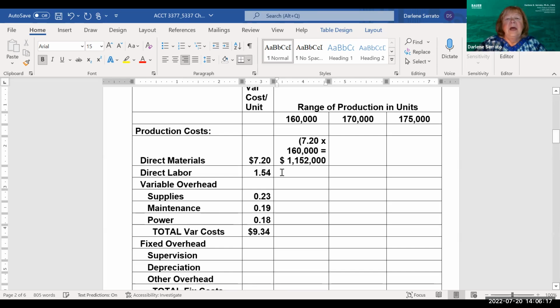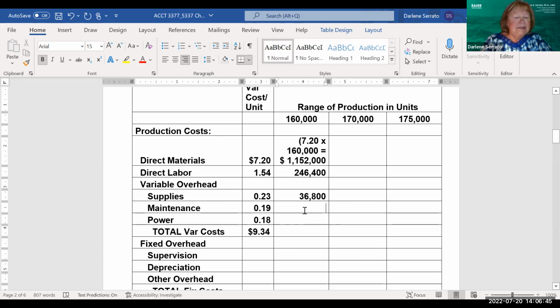Okay, $1.54 times 160,000 will give us 246,400. 23 cents times 160,000 units will give us 36,800.